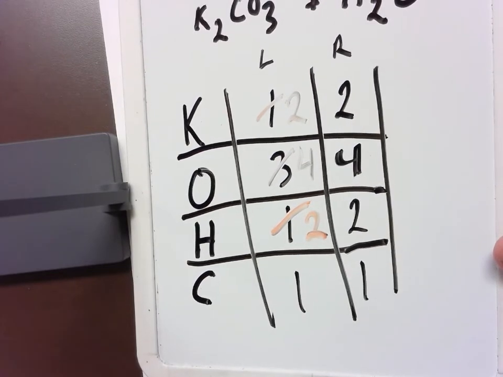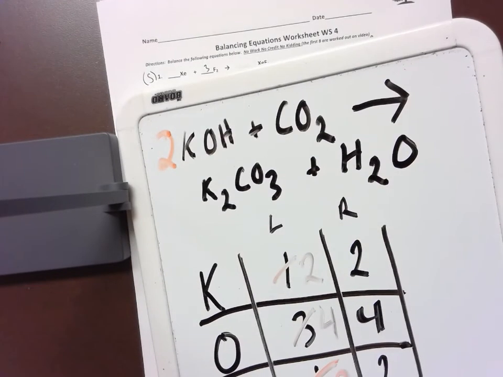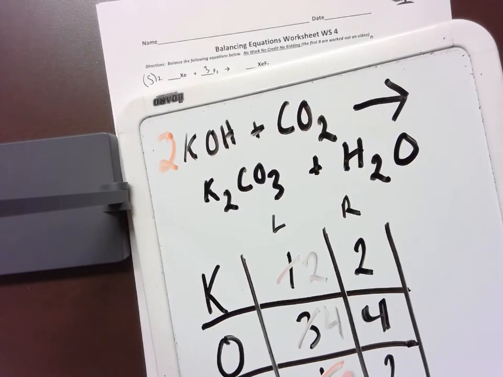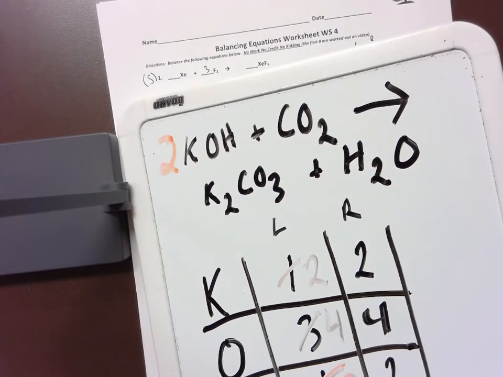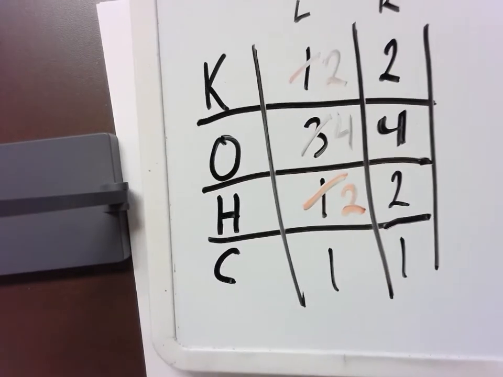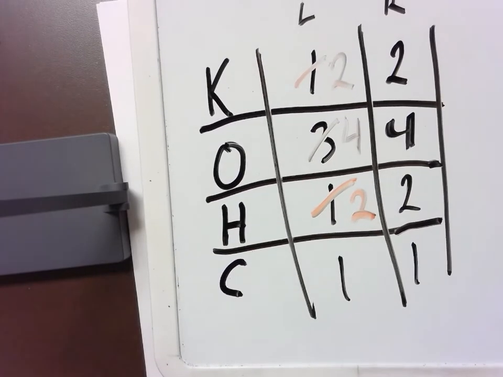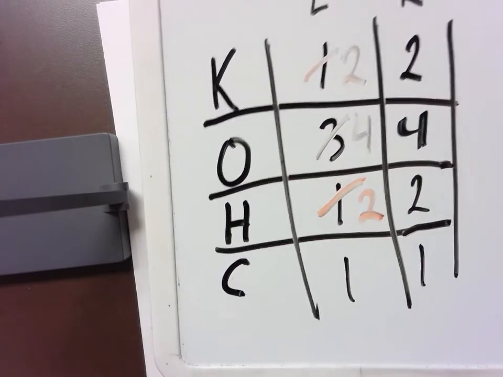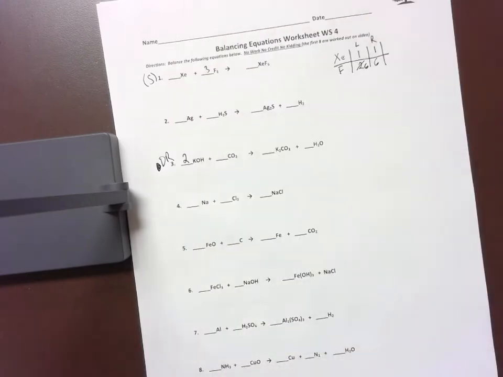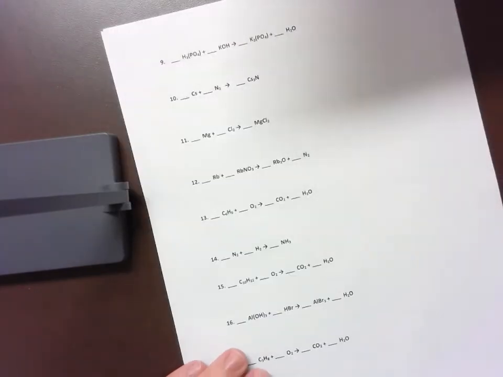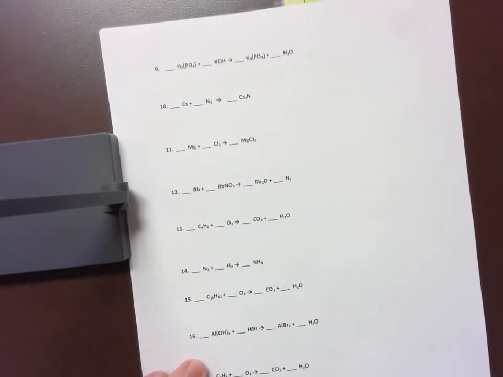If trial and error makes it easier for you, if you're good at math and you understand how to multiply different things, then that's fine. But I understand some of you will need to actually use this, so that's why we have it. All right, so moving on. Let's go to the back. So let's try.